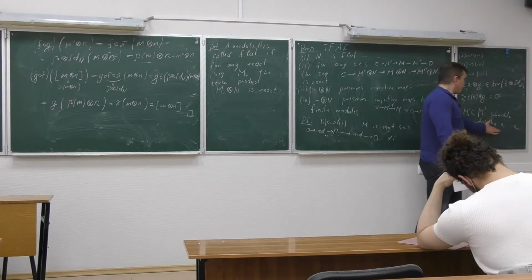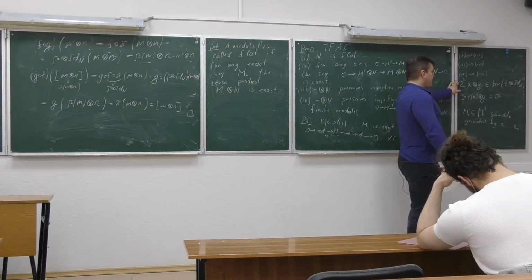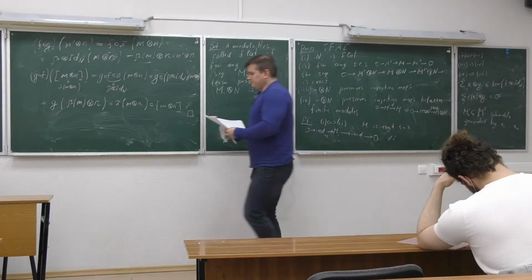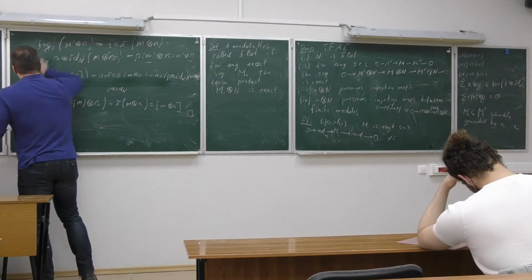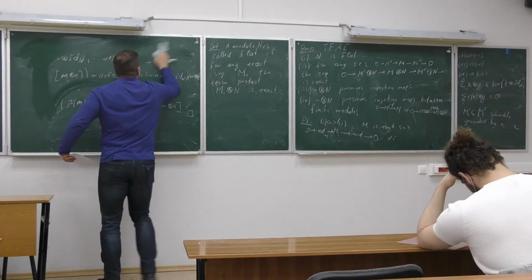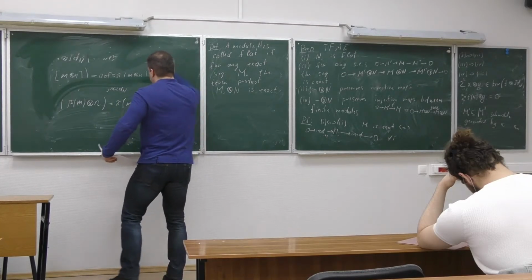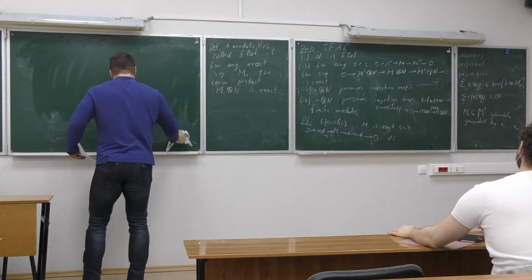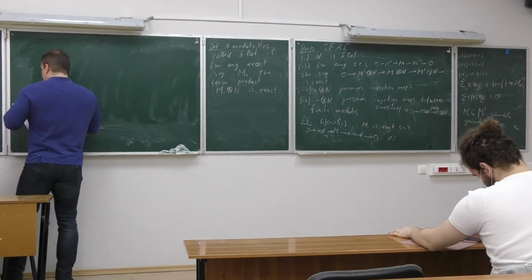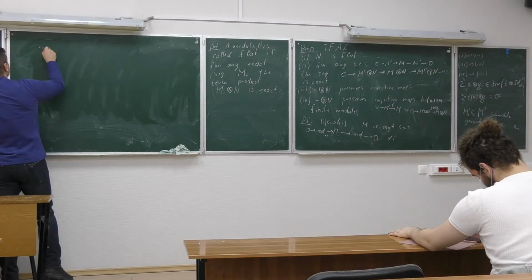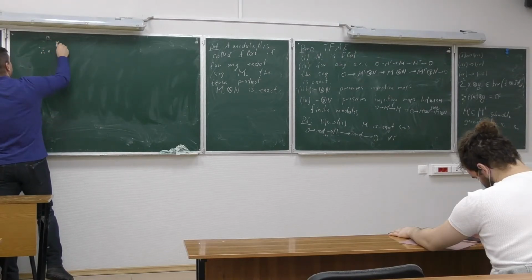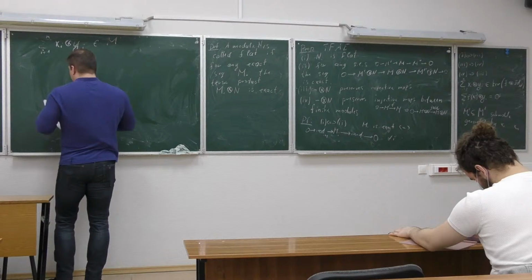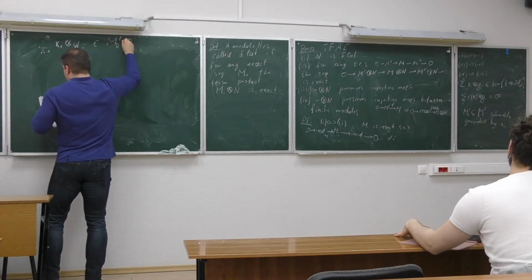It is generated by finitely many elements, and any tensor is a finite sum. So I have only finitely many such xi. So then, of course, this tensor, sum of xi tensor yi, lives in the submodule m0 prime tensor n.